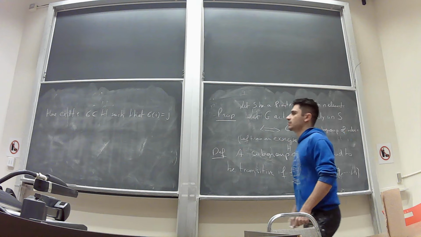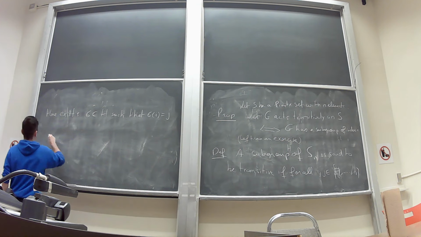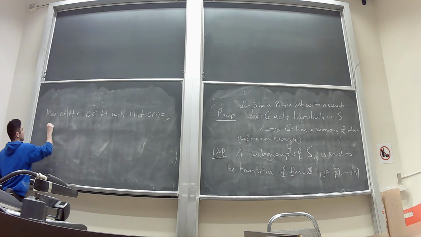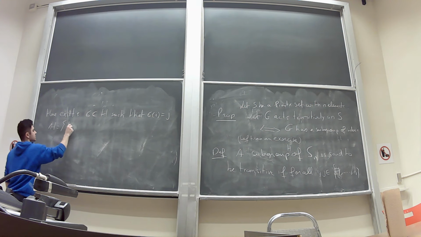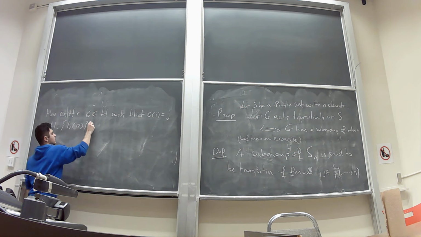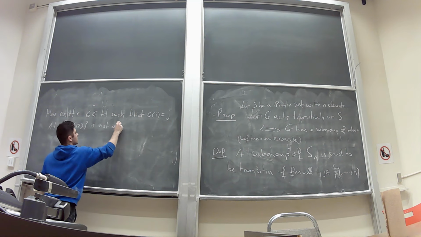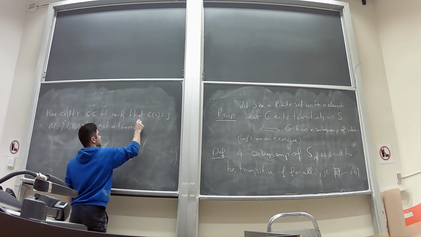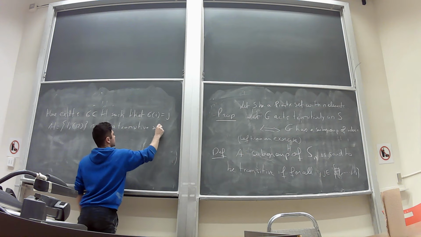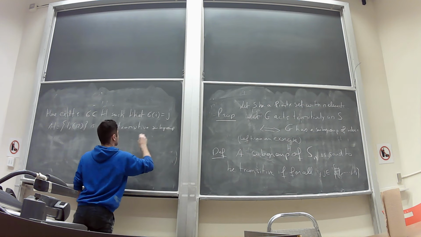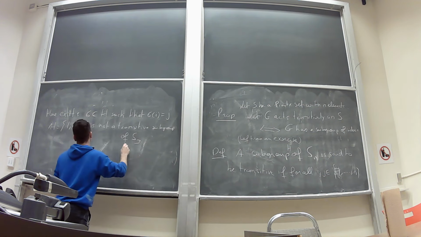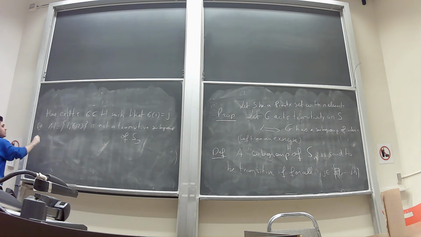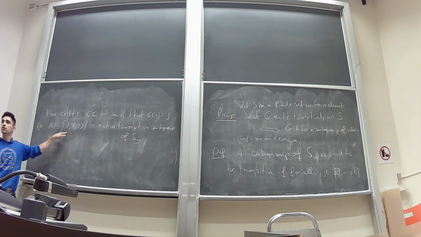Okay, for example, H equal to {1, (1 2)} is not a transitive subgroup of S3. Right? Can you go from 3 to 2 with an element from H?